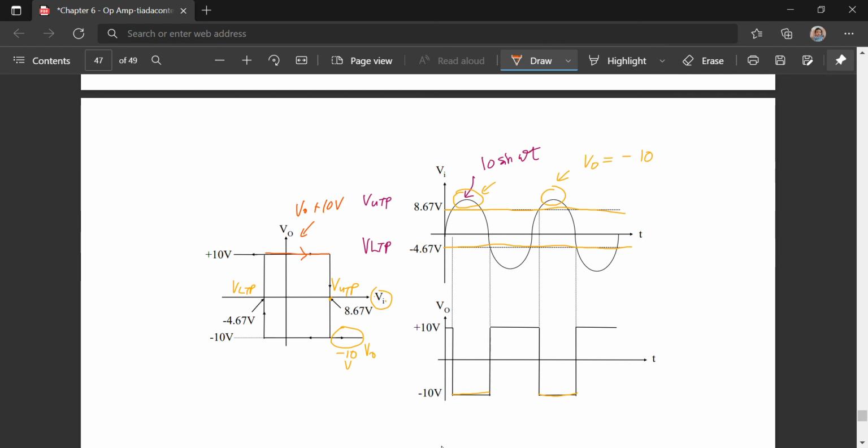So find on the graph where Vi is greater than VLTP.